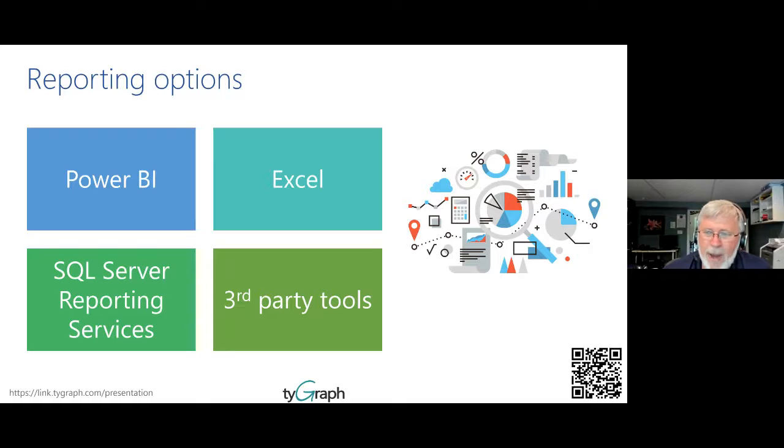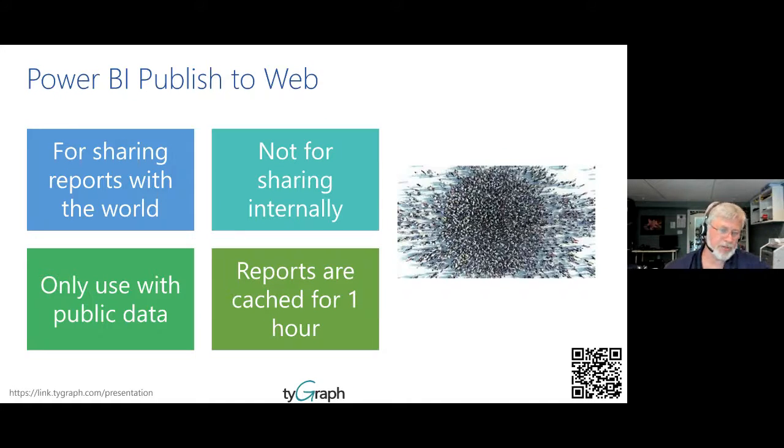But the nice thing about Power BI is it does have an anonymous publication feature. It's called Publish to Web. And normally when I talk about Power BI, I exercise great caution. In fact, I have a session here tomorrow evening, my time, 6 p.m. Eastern time. It's all about using Publish to Web in Power BI and the things you want to look out for.